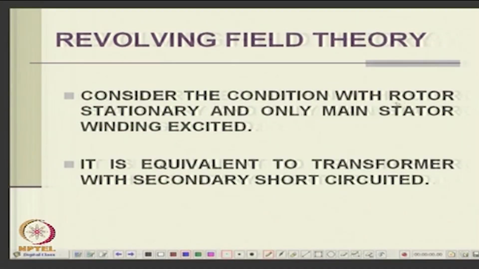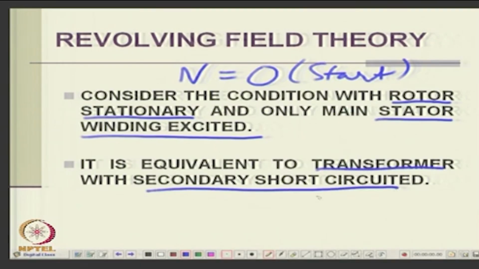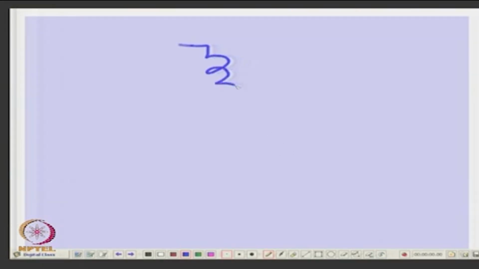Okay, now we will take a case when rotor is stationary, that means n is 0, that is starting, and only one winding is excited, the main winding. Therefore, we said it is like a transformer with secondary short circuited. So, what we consider is you have a stator winding and you have a rotor winding which is short circuited, is it not?